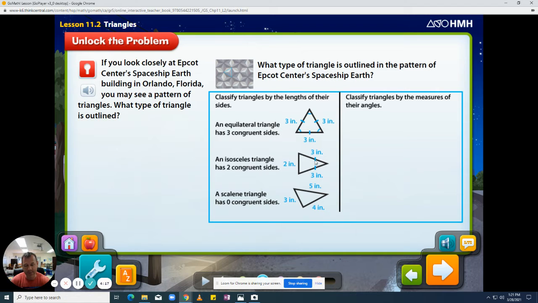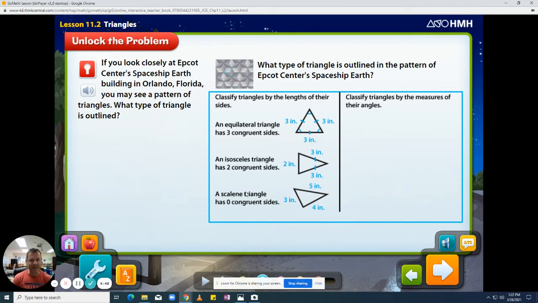Usually you'll see 2 lines on this one to show you that it has 2 that are the same and 1 that's different. So if it has 2 sides that are the same, you also can see it by the measurement of the angles, 3 and 3. See, this one's 3, 3, 3. This one's only 3 and 3, but this one's different. So if it has 2, it's called isosceles. And if all the sides are different or it has no tally marks, then it's going to be scalene, which is always the weird one, okay?